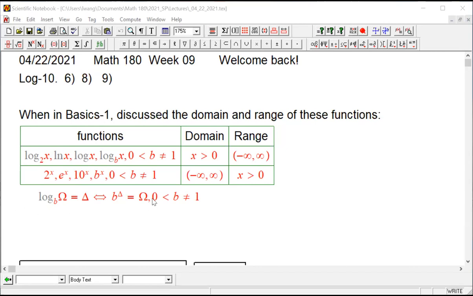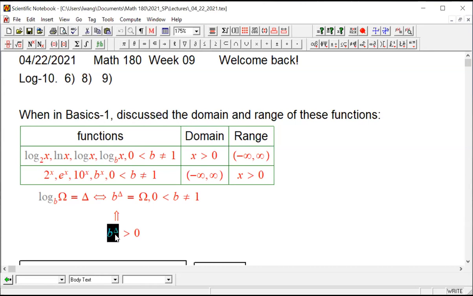So now, because b is larger than 0, not equal to 1, b raised to the power of anything is going to be positive. So this is going to be positive. Okay, so b raised to the power of anything is going to be positive, right?